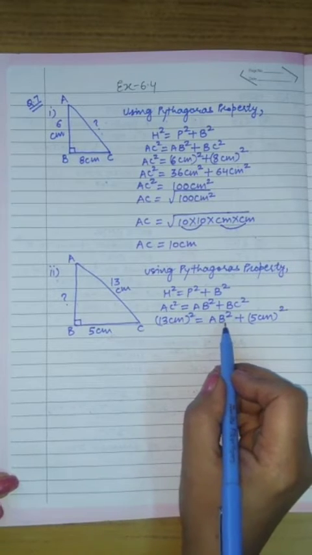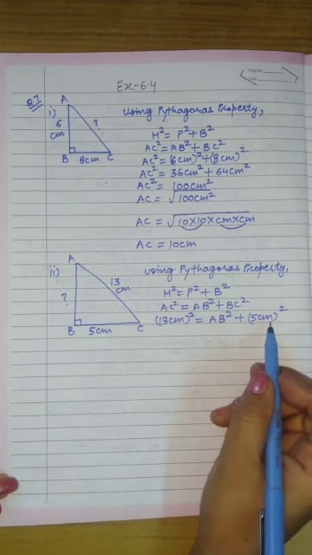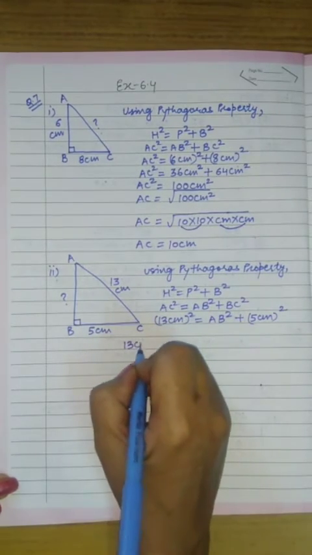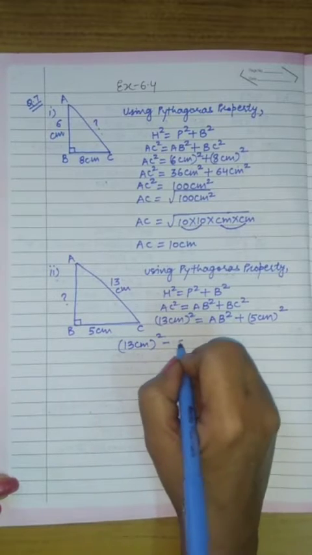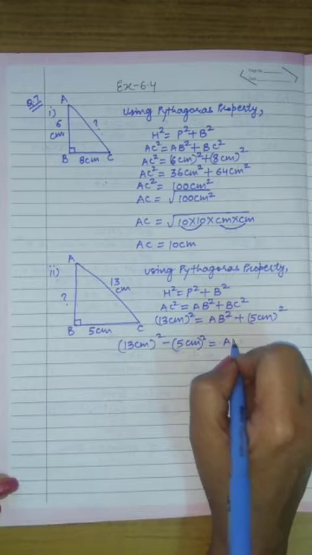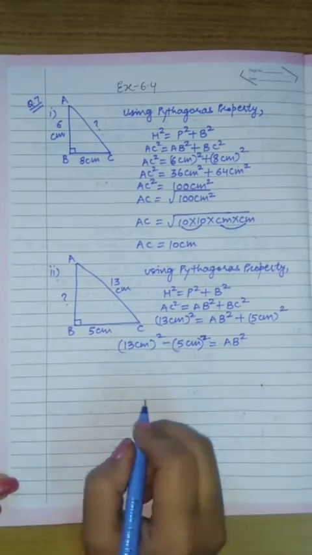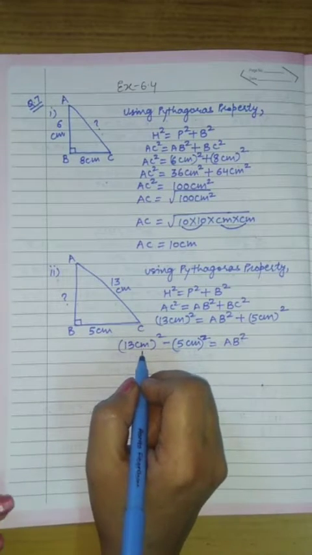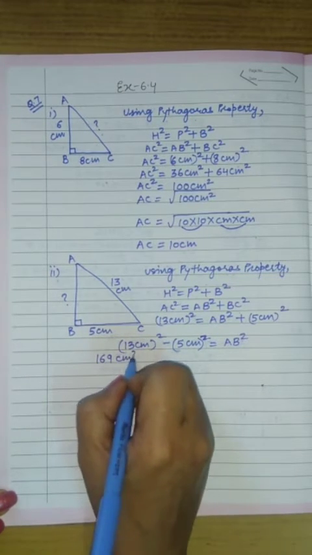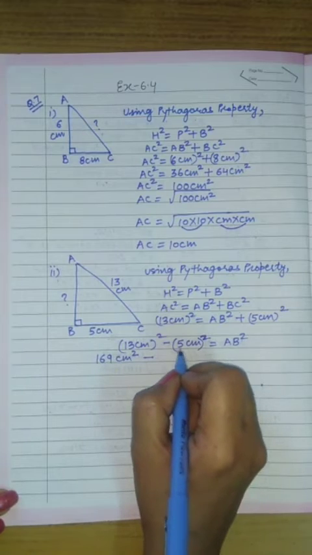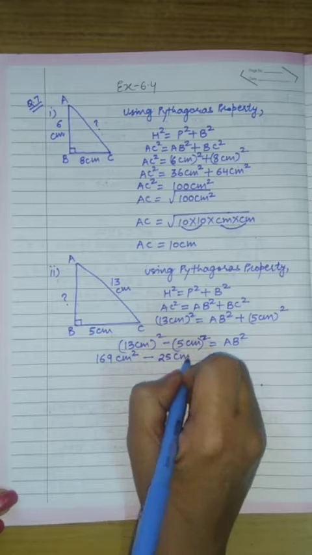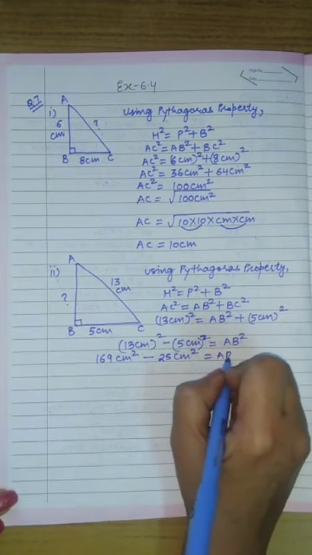Because we want to find AB square, so we will transpose 5 centimeter square to other side. So it will become 13 centimeter square minus 5 centimeter square is equal to AB square. Now 13 centimeter square will be 169 centimeter square minus 5 centimeter whole square is equal to 25 centimeter square is equal to AB square.